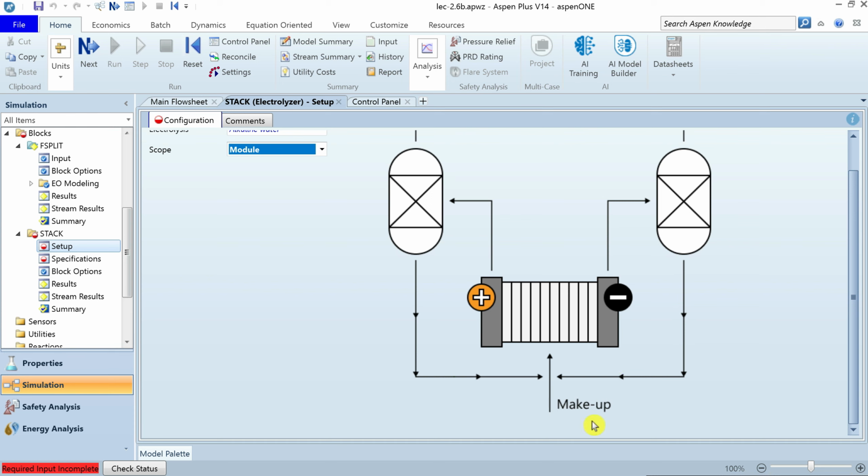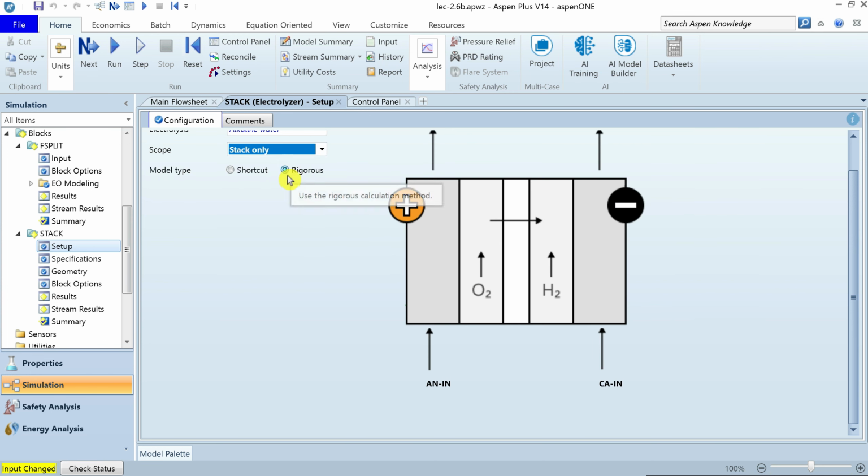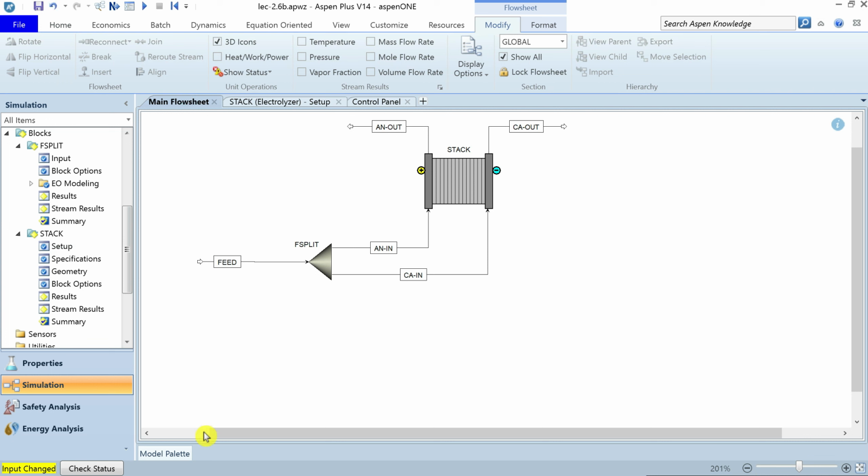Rather you only provide a makeup water stream through the central connection port and provide the specifications within the module for how that makeup water will enter the anode channel as well as the cathode channel. So the flow split, the stack and the flash columns at the product streams, all three units are included within a single module.